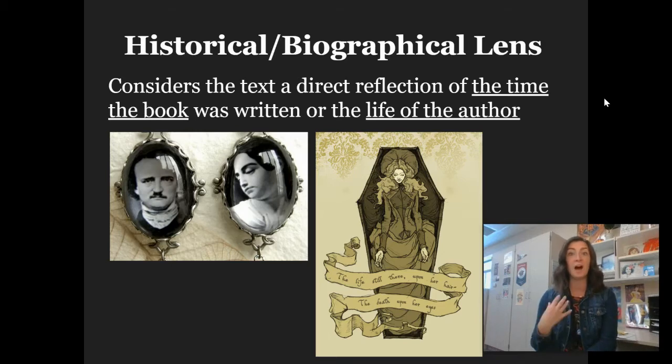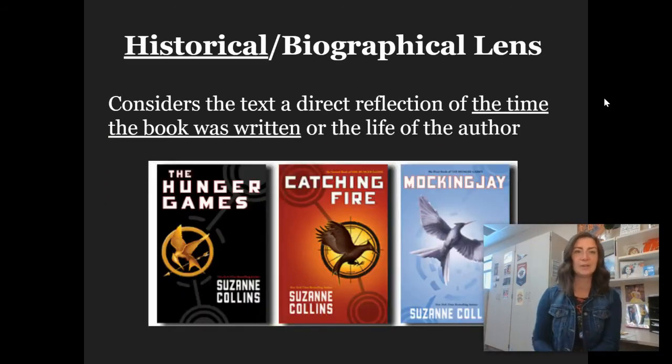We assume that the author used their life and their experiences and puts that into the text. Let's take a look at the historical part and consider time period. The time that a text was written, or the year or date it was written, also matters to the story. Now, Hunger Games is obviously a futuristic novel, but the first book was published in 2008.